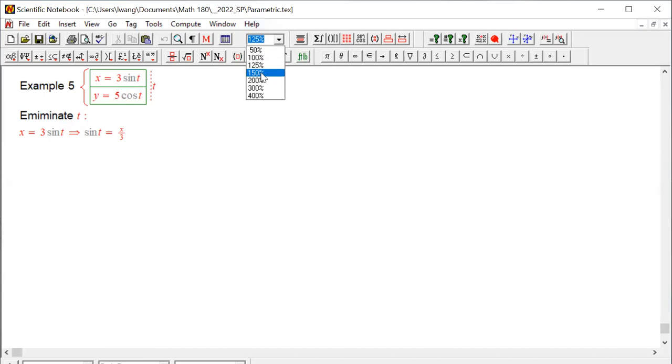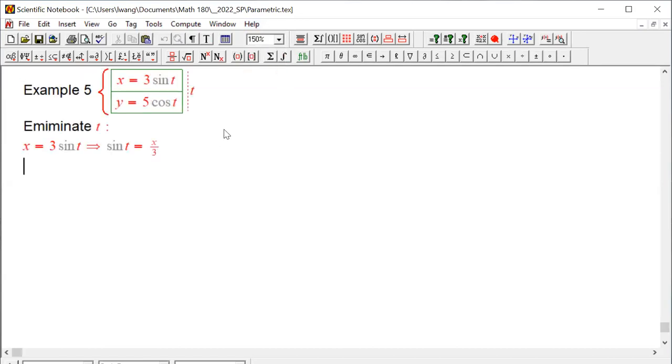We can make the fonts larger. And from the second one, we're getting cosine t equals y over 5. And then we're going to apply sine squared t plus cosine squared t equals 1, right?